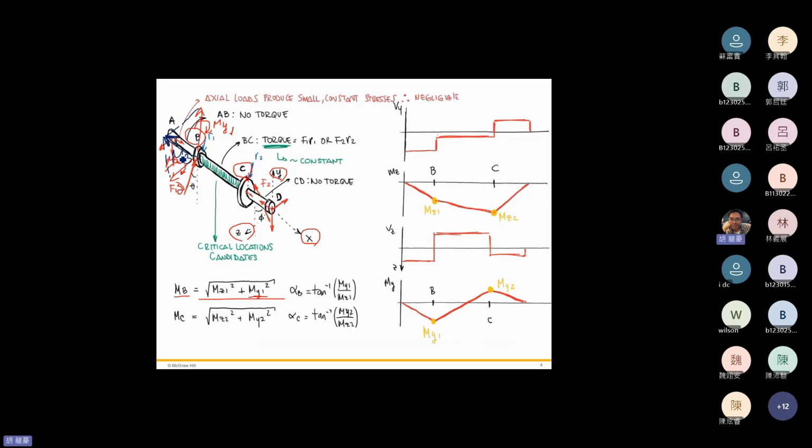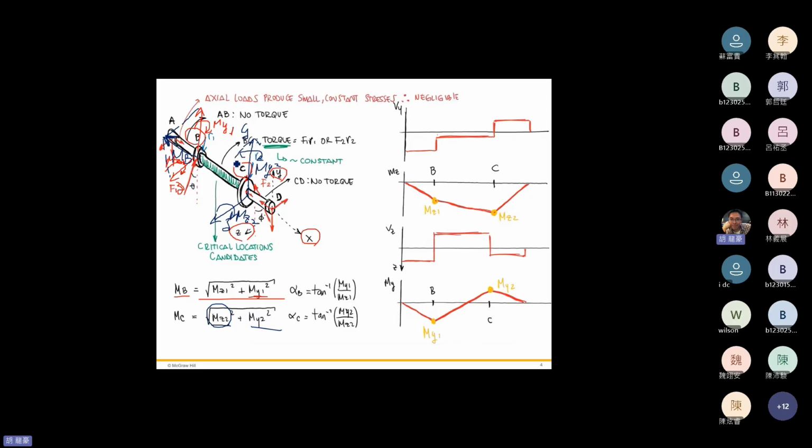Similarly, we have Mz2 and My2 right here. Mz2, the moment in the z direction, comes from the tangential force F2. And similarly, in the y direction, we have the moment My2.